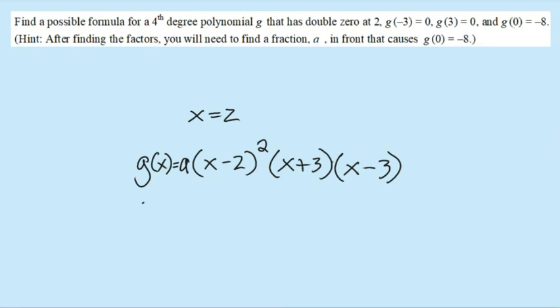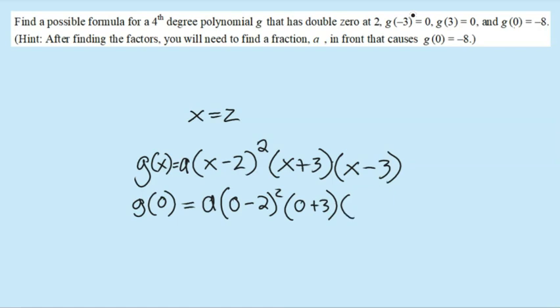So let's write this up. g of 0 equals a times, let's put a 0 in for x, 0 minus 2 squared, times 0 plus 3, times 0 minus 3. All we're doing is putting 0 everywhere we see an x. Why? Because g of 0, x is 0 here. And then it equals negative 8.